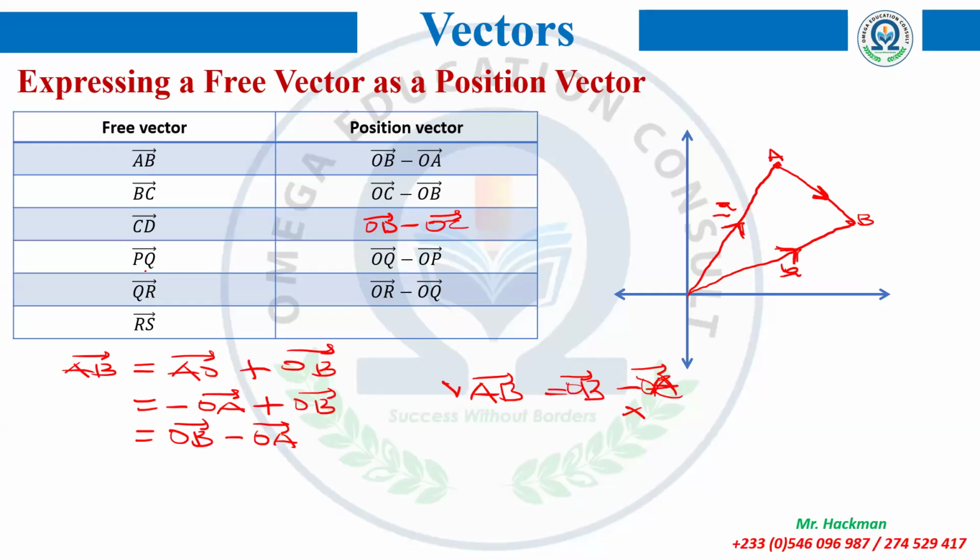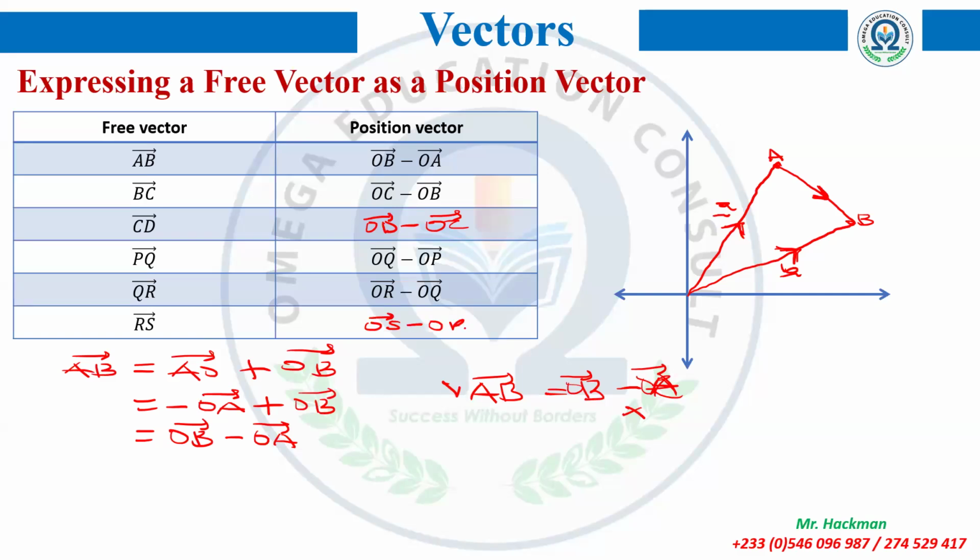In the same way, PQ vector will be OQ vector minus OP vector. QR vector will be OR vector minus OQ vector. On that note, the last one, RS vector will be OS vector minus OR vector.